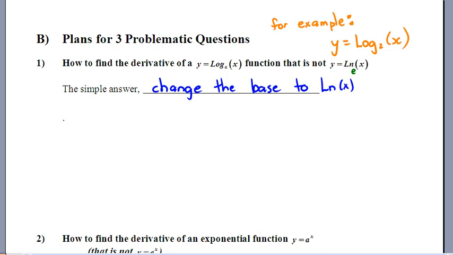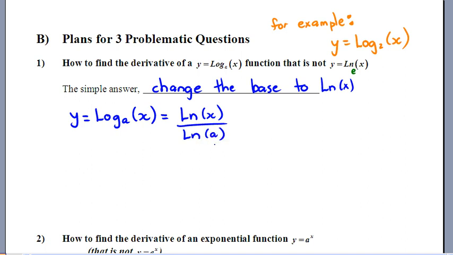And here's the formula for that. We saw it back in the first chapter. If you've got some logarithm base a, some awkward number like 2, of x, you can rewrite that as ln x divided by ln of a. I want you to rethink this as 1 over ln of a, which is actually just a number, multiplied by ln of x.